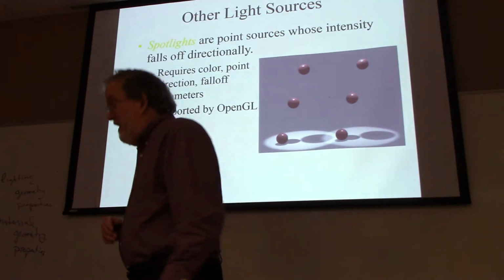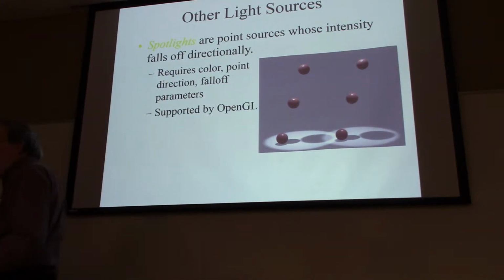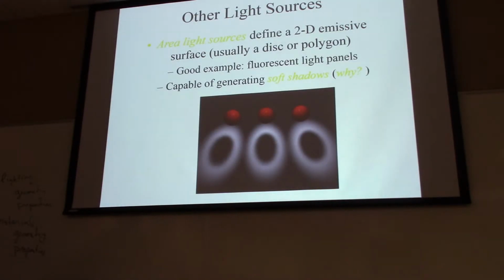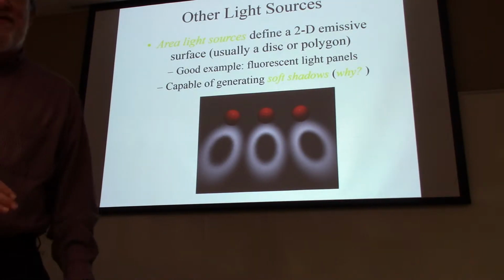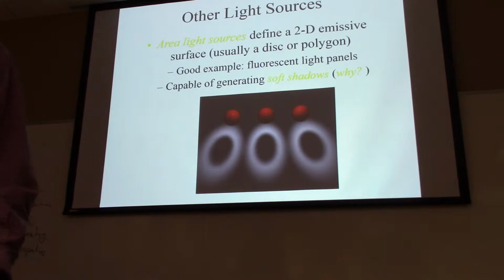That would be a spotlight. You can have what they call an area light source. I would call it an extended light source. One of the characteristics of extended light sources is you don't get sharp shadows because each point gives rise to a different shadow, so you get kind of a soft shadow effect.